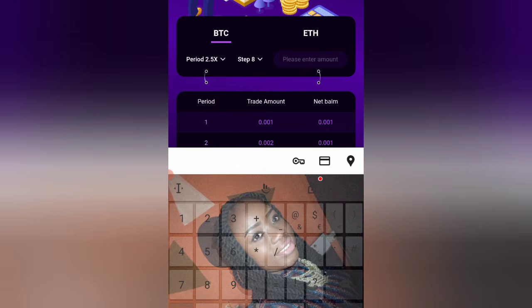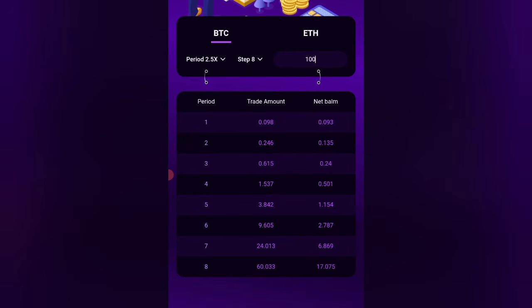If I entered $100, you see it will tell me how much I need to enter a trade, as you can see. So the platform is saying if you follow this calculator based on the amount you have in your account balance, and you have 8 consecutive losses, they will give you your capital back 100%.